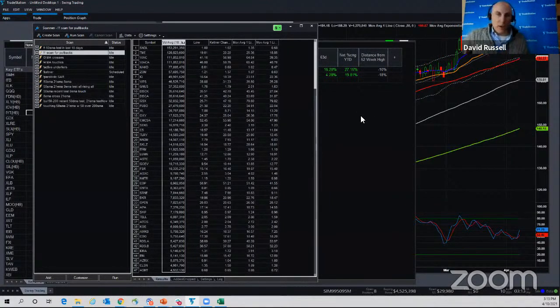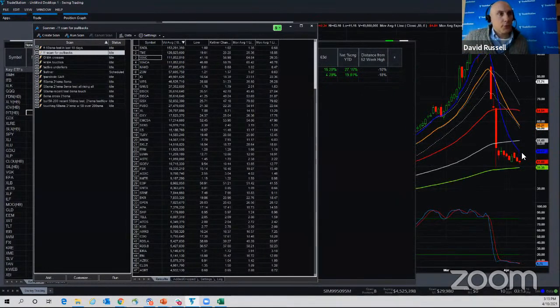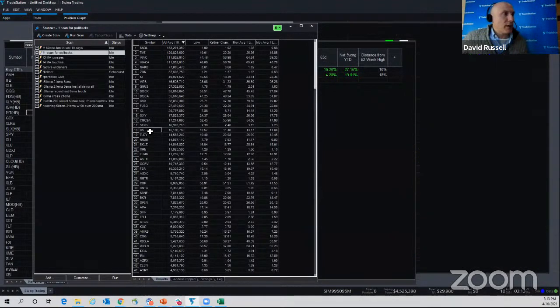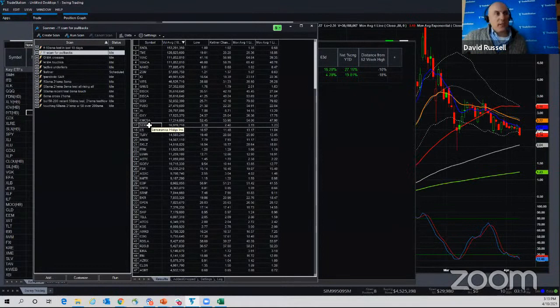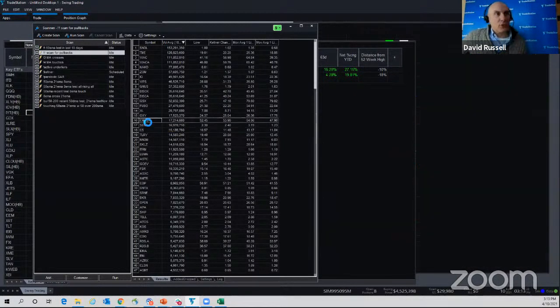And now again, none of these are recommendations, but this is just an example of how some of these things will work. These are stocks now that are under the bottom of the Keltner channel that have totally gotten hammered. And in this case, they're pretty massively oversold. But you might find other things in here that are potentially interesting. Some of these scans will sometimes find really interesting ones.